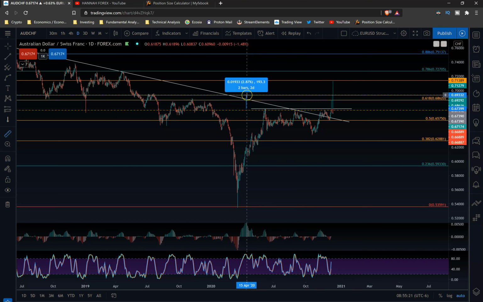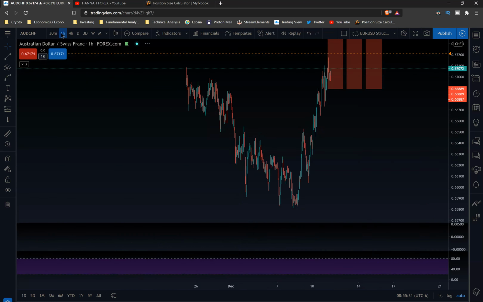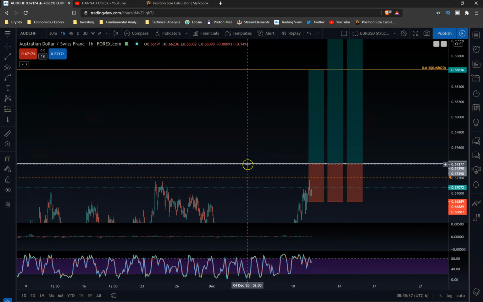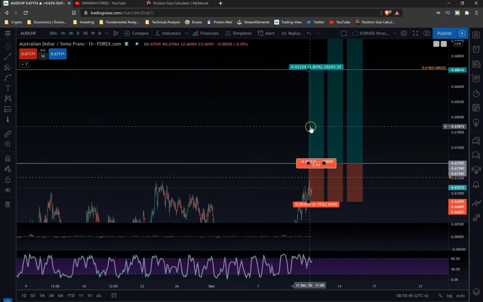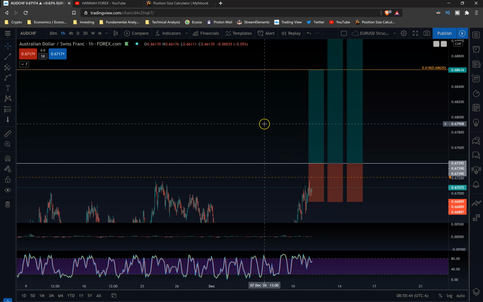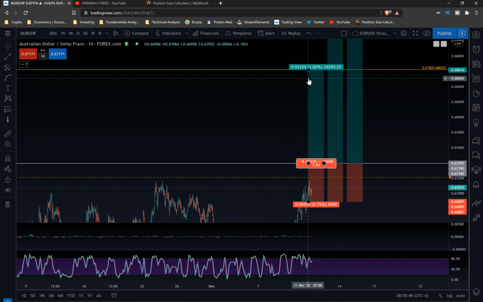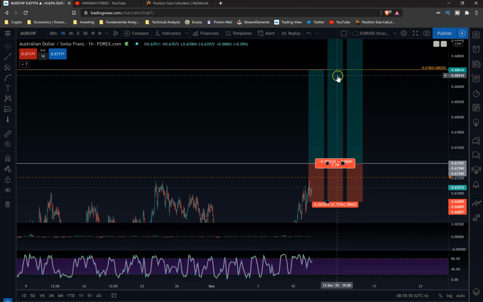The historical support resistance is 193 pips. So my first scale out will always be at 50 pips. My second scale out will be at the 618 area. Let's do this. All right, so, well, I should move this down. First scale out should be around right here, 50 pips. Second scale out should be at the 618 area right here.